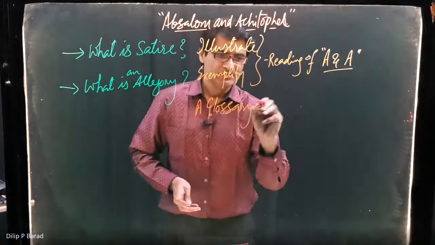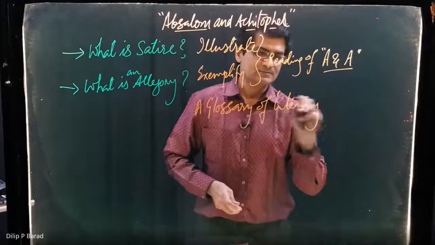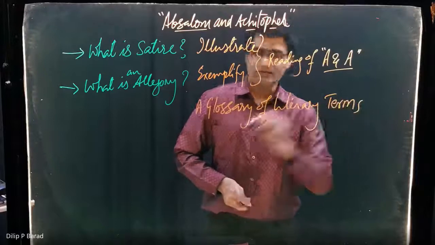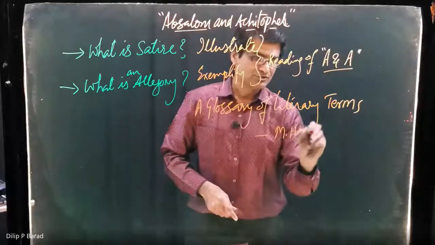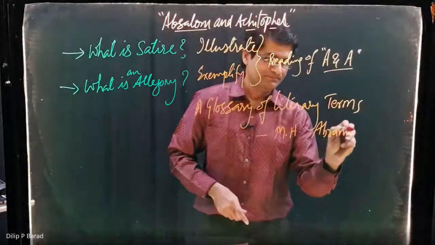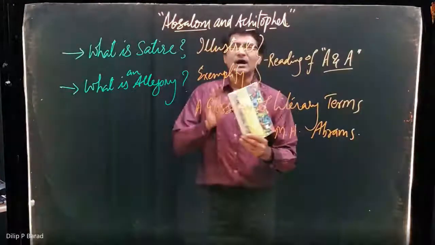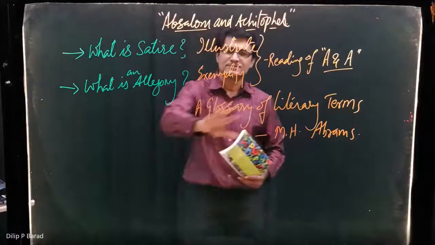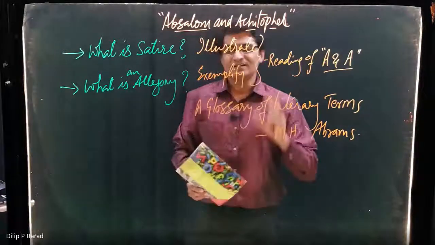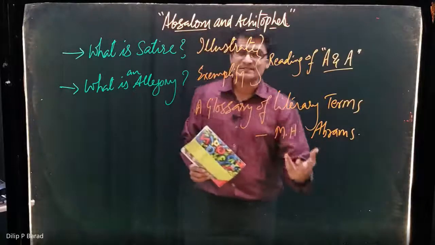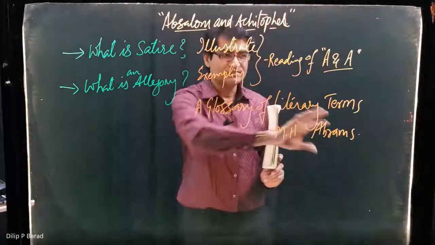Now there is a 10th edition of this book, and it is a must for all literature students and teachers. Just as we have a dictionary for spellings or meanings, the same way we keep this book very handy for literary terms.